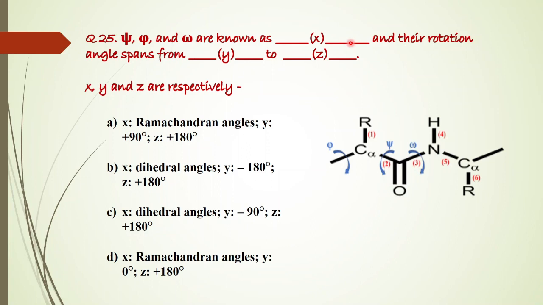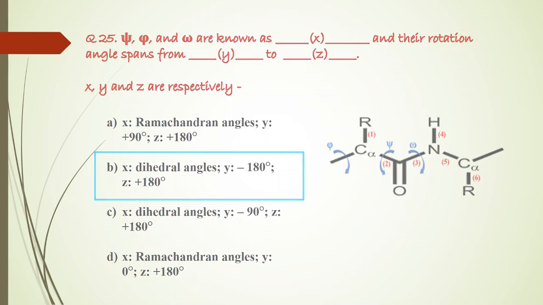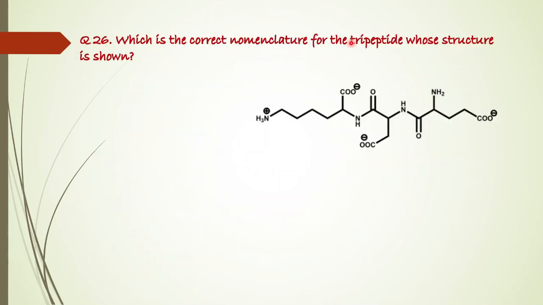So the range for all these angles is basically minus 180 to plus 180. So our correct option should be option B, where these angles are called dihedral angles and the range varies from minus 180 to plus 180 degrees. Okay. With this, let us move on to the next one.